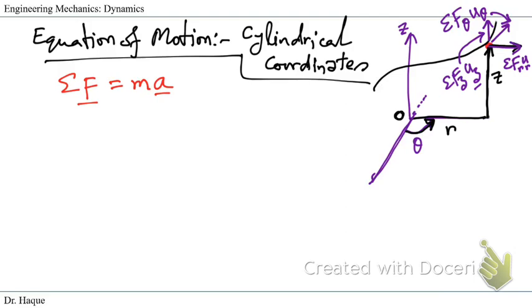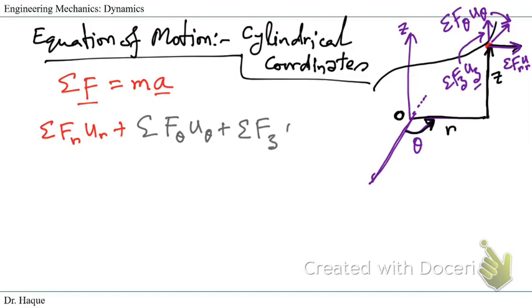Now since it's in cylindrical coordinates, we will have the components of force as Fr ur plus F theta u theta plus Fz uz. It's the same concept as in rectangular coordinates, where we would have Fx, Fy, and Fz. In cylindrical coordinates, we have Fr, F theta, and Fz.